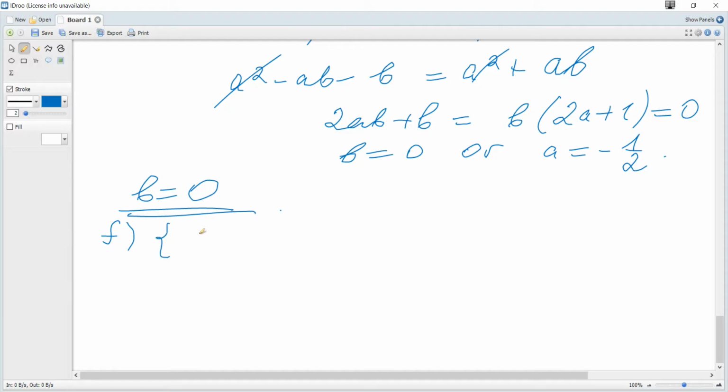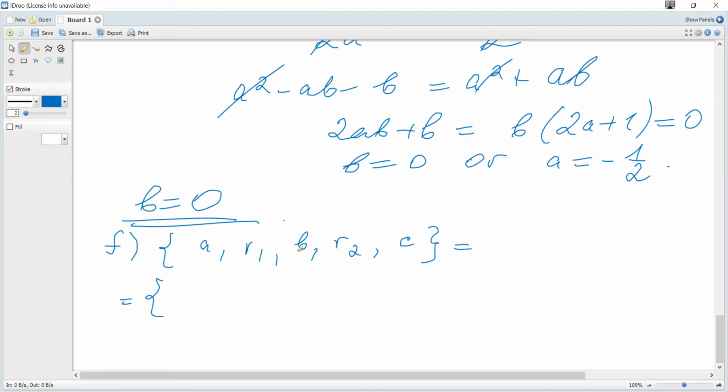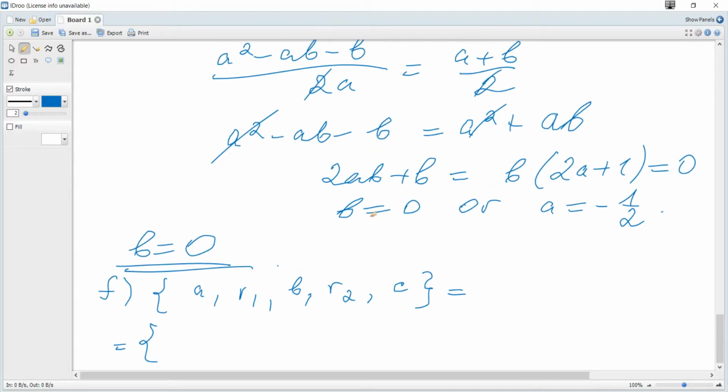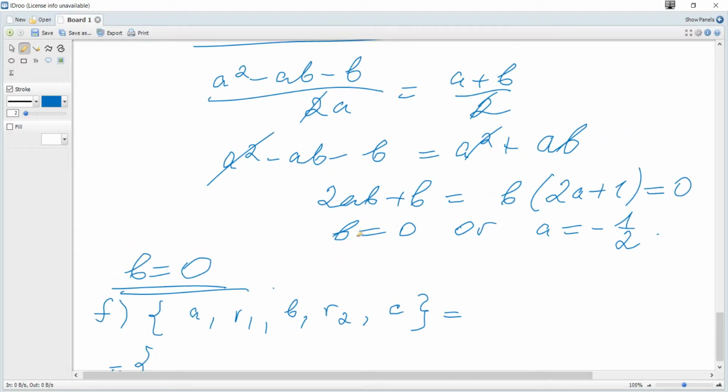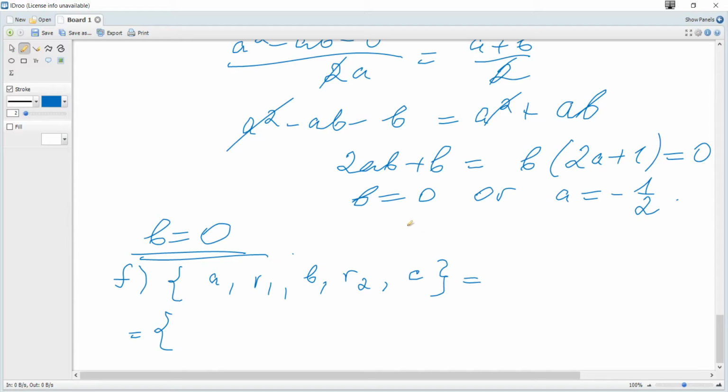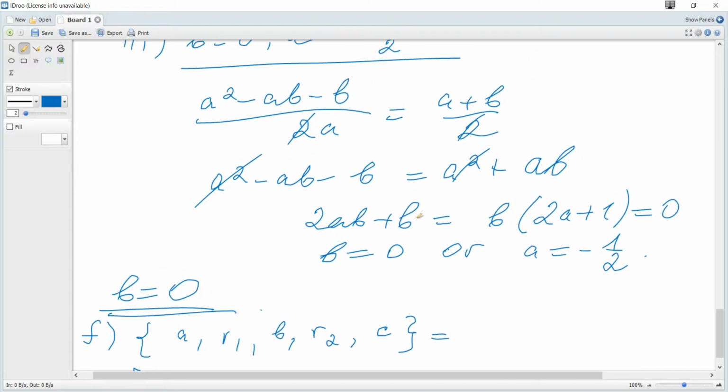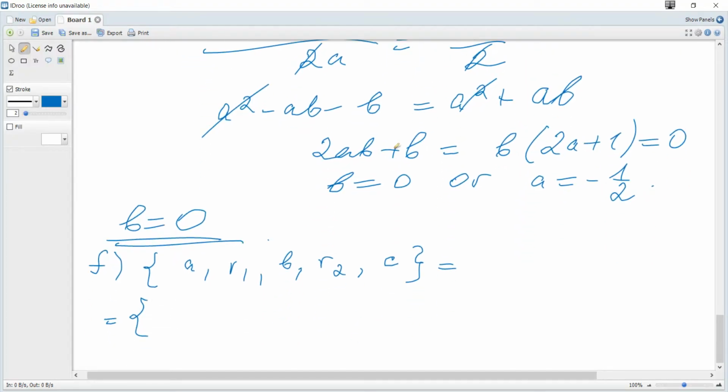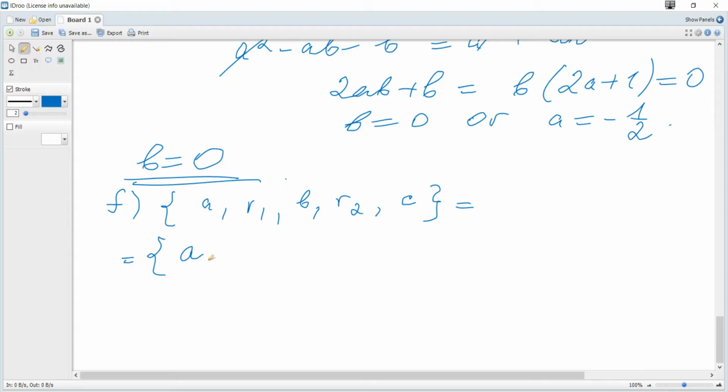So again, A, R1, B, R2, and C form an arithmetic sequence, and since B is 0, let A be A. What is R1?